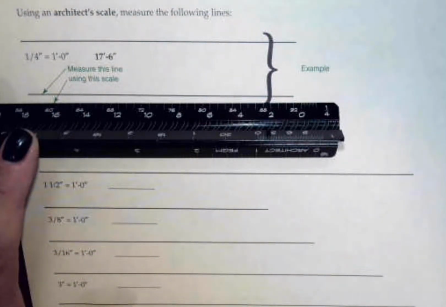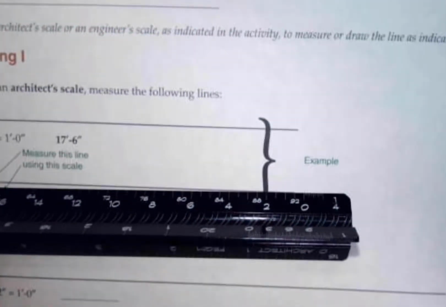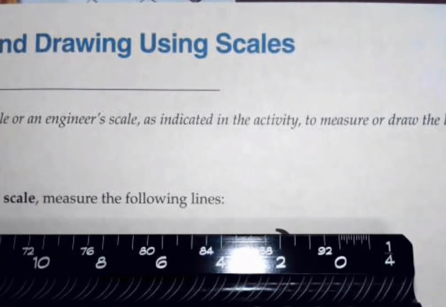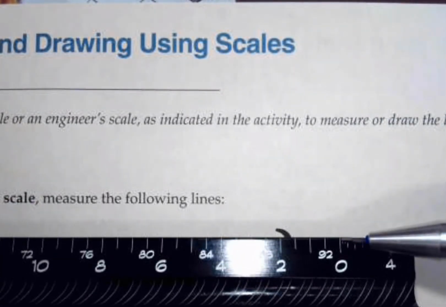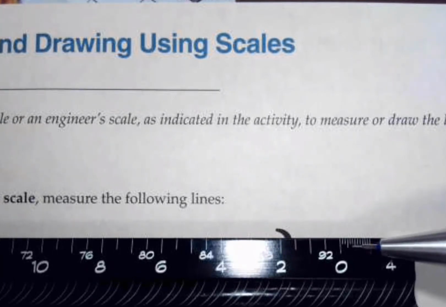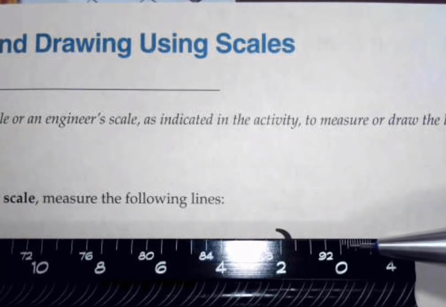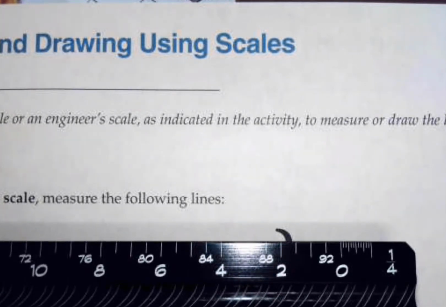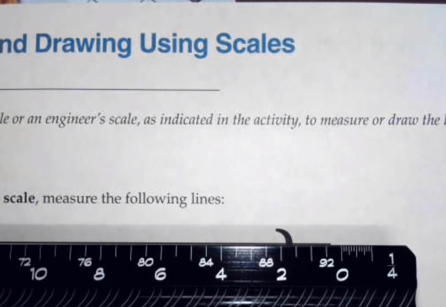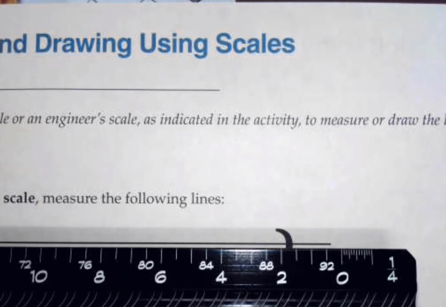Let me go ahead and zoom in so you can see that a little better. You can see that our architectural scale has the 0 tick mark right here, but we have some additional tick marks that go beyond that 0, and those stand for inches. Now, in our engineering scale, when we're doing civil plans and things like that, we usually don't measure things down to the inch.